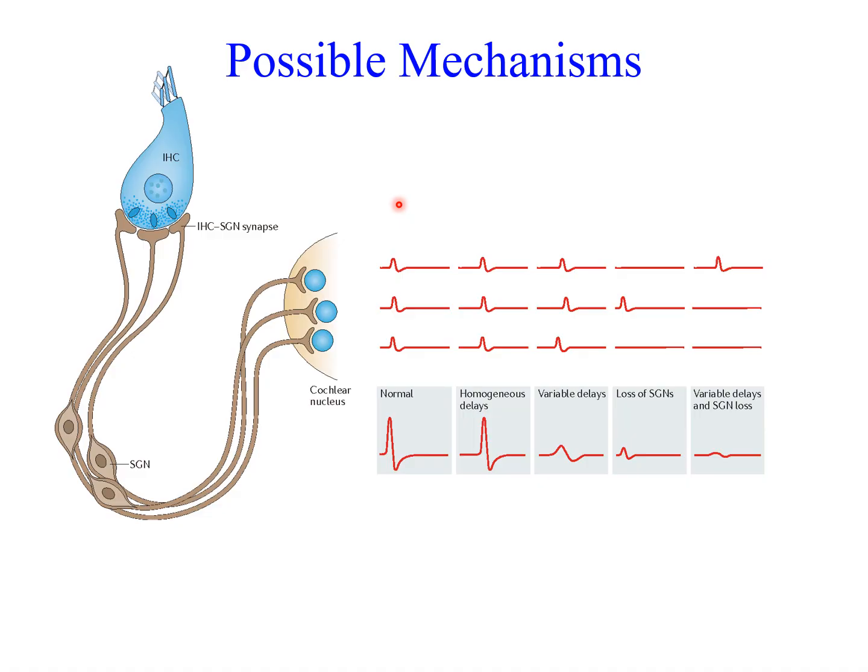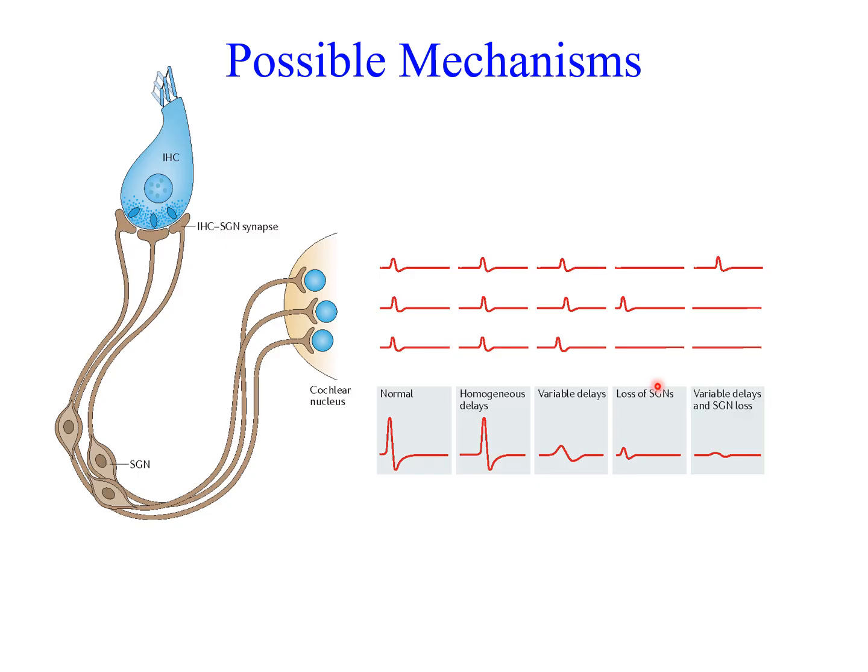So this is the illustration of the mechanisms of auditory dyssynchrony, or we should say neural dyssynchrony in the auditory system. For whatever reason, as long as the neural synchrony gets disrupted, it could be different amounts of delays, the loss of spiral ganglion neurons, constant delays, or a combination of any of these reasons.